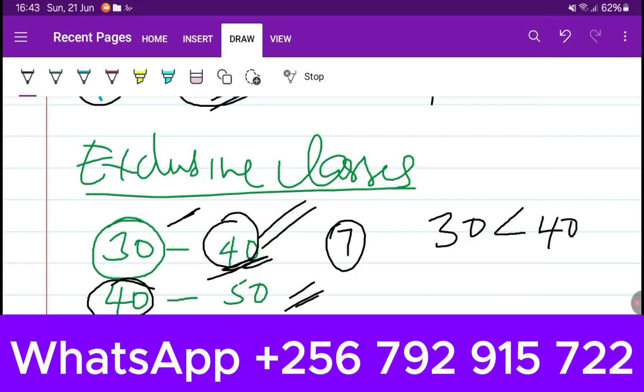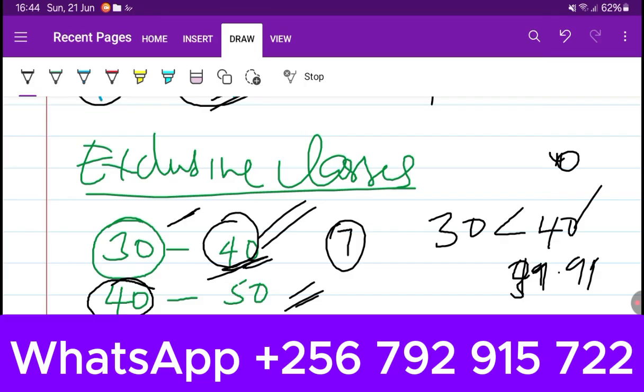That is the implication, meaning we can have 39.99, that will be included in this, but as long as it makes to 40, it will be included in the next class. So we've said that exclusive classes are classes where the upper class limit of a given class is excluded in that class but included in the next class.